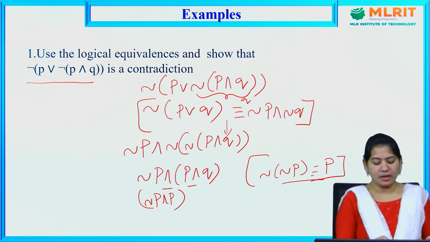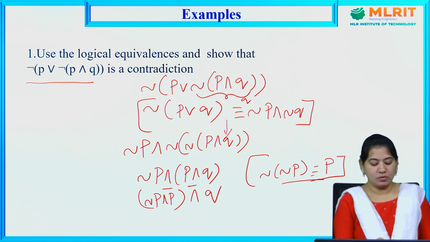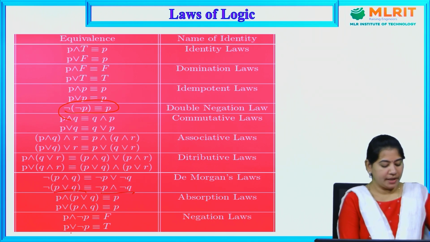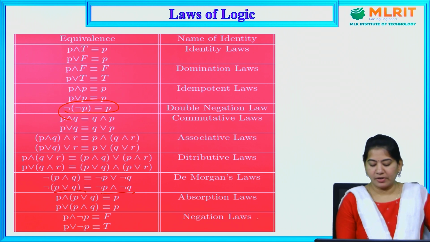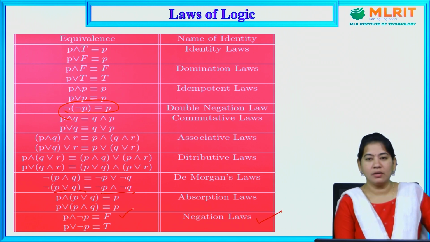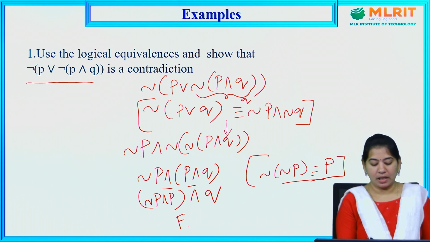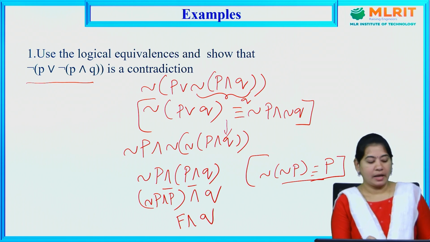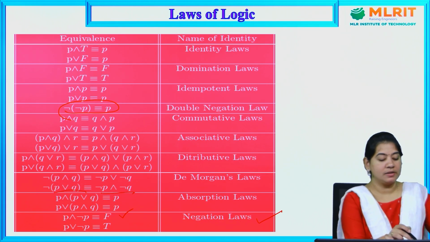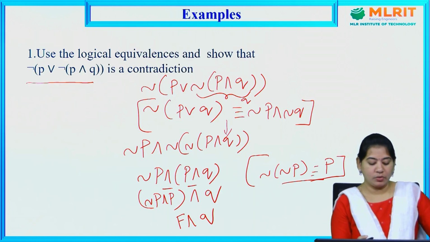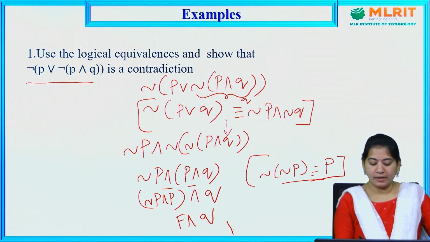So (negation P and P) and Q. Negation P and P, if you see the formula here, P and negation P or negation P and P, we have F, which is called negation law. So simply you can apply here F and Q. And here F and Q is F by using the domination law.